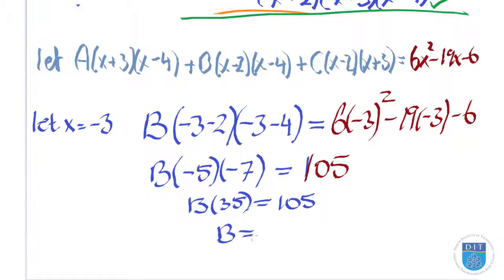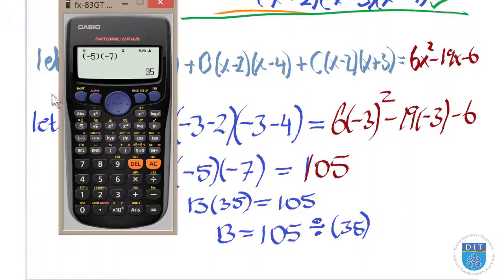It's not being added to B, it's been multiplied by B. So when you take a number to the other side, you do the opposite operation. If I think of the operation there as multiplication, on the other side the opposite is division. So it's 105 divided by that bracket, 35. And the good thing about writing it like that is both calculators should be happy enough with that expression, divided by 35.